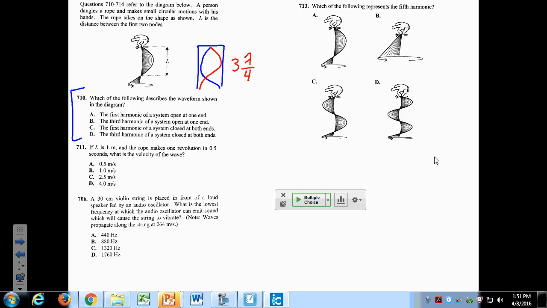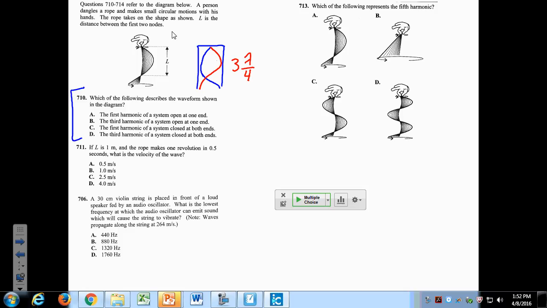But with the closed open tube, you count quarter wavelengths. That's because you have a node on one end and an antinode on the other. On the other two tubes, you have either a node or antinode on both ends. So it is a third harmonic with a system open at one end. Two things you have to do there are recognize that it's a system open at one end, and then count the number of quarter wavelengths.